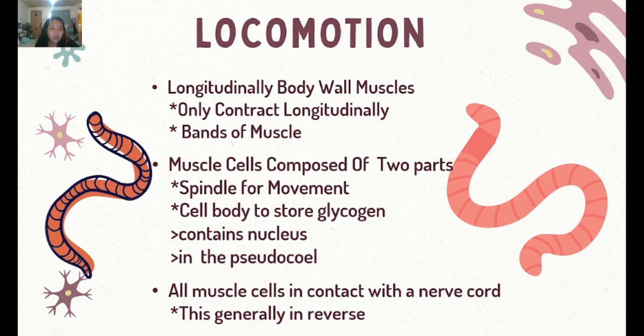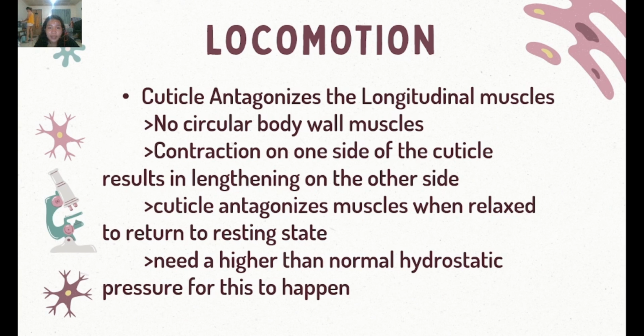So when we're talking about movement in roundworms, the cuticle plays an important role because it antagonizes the longitudinal muscle fibers. This is only one type of muscle. So when it extends, it extends.